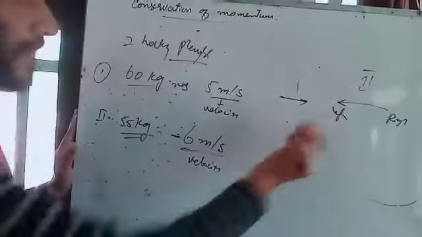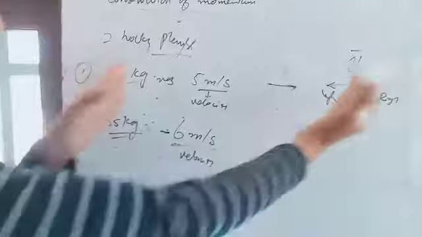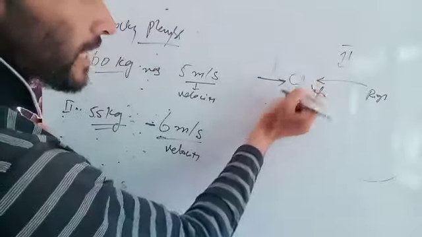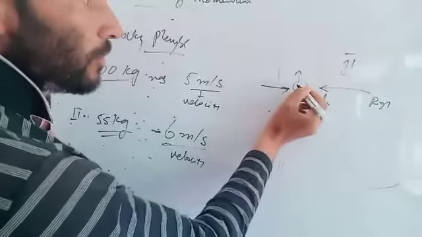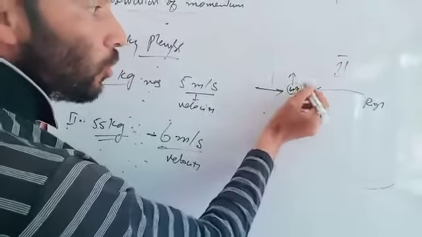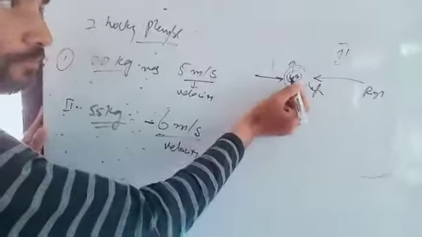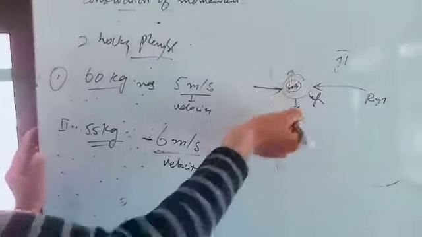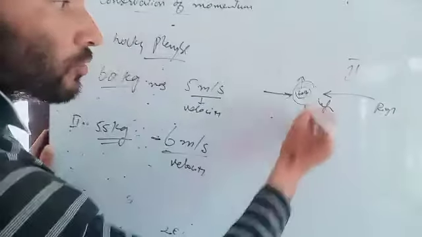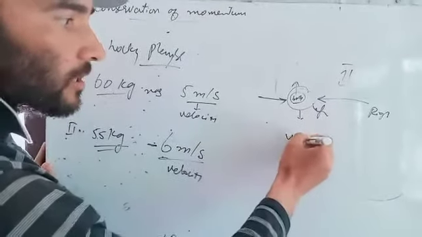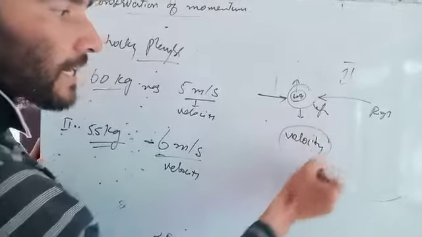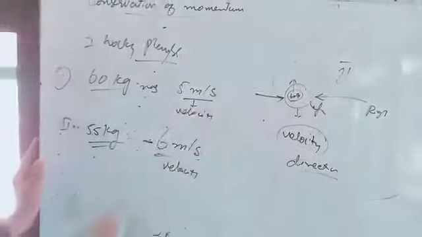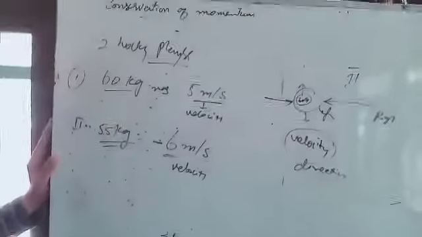Now, when they come close together and get entangled, what would be the velocity when they get entangled, and in which direction will both the players move?